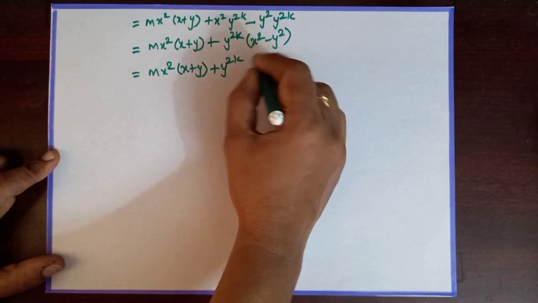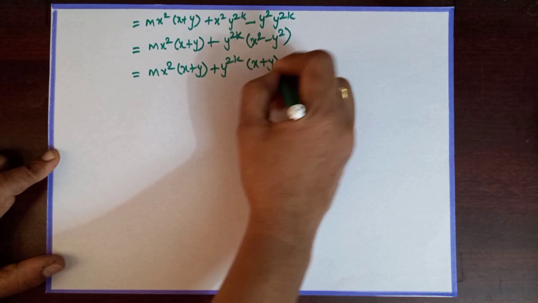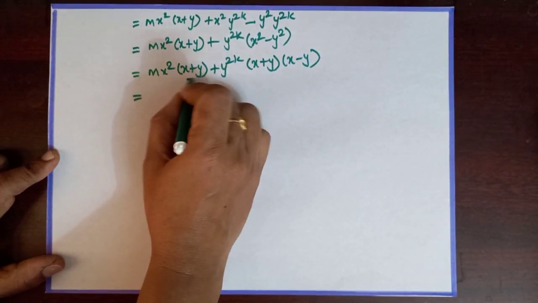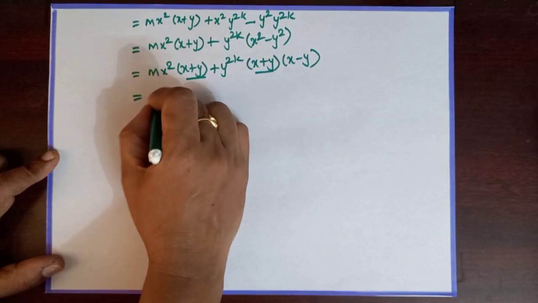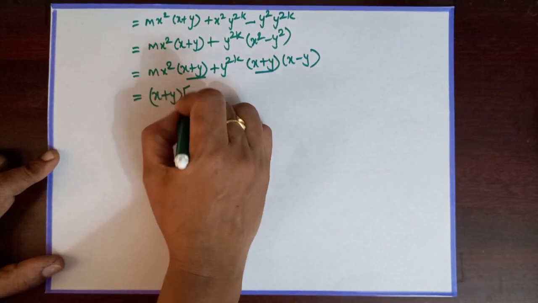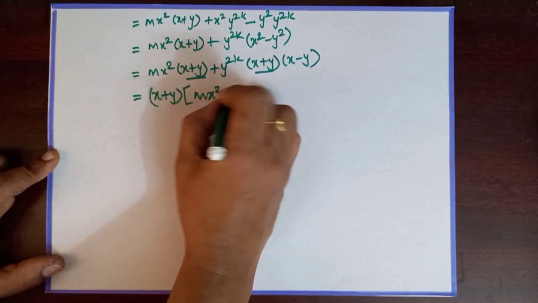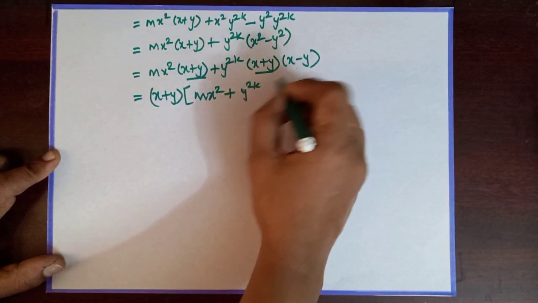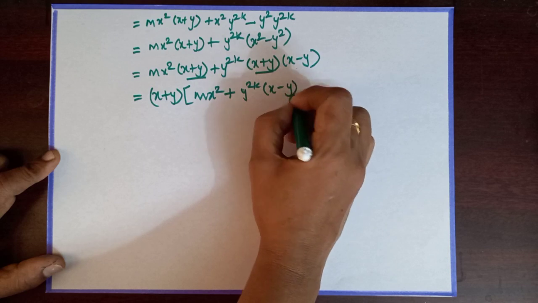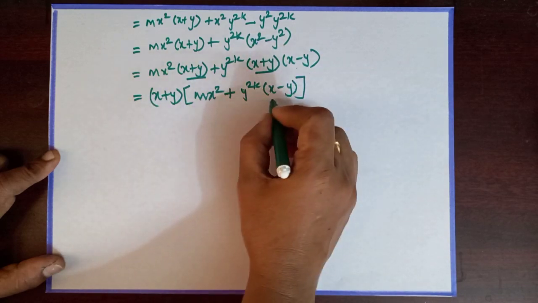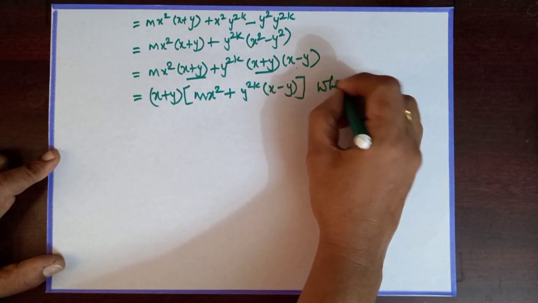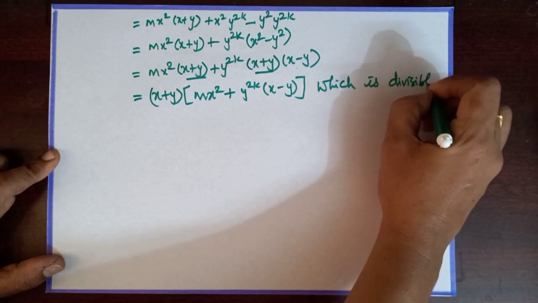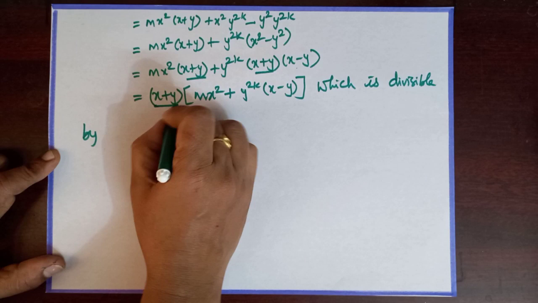X square minus y square can be written as x plus y into x minus y. Here we can take x plus y commonly out. Then we get x plus y into m x square plus y power 2k into x minus y. Now which is divisible by x plus y.